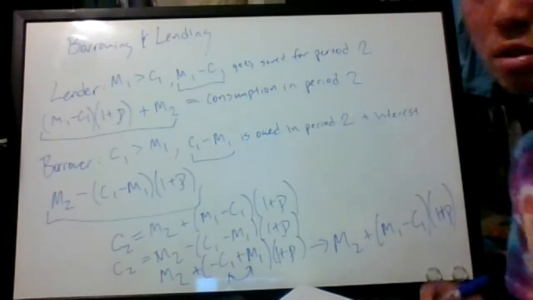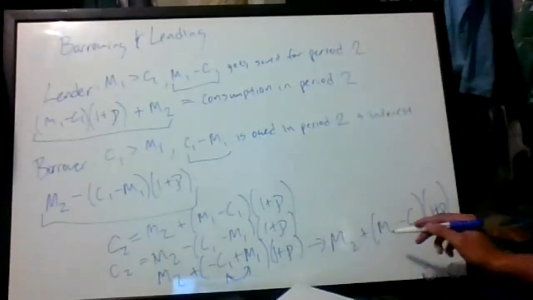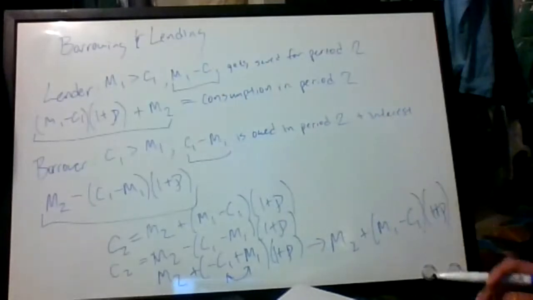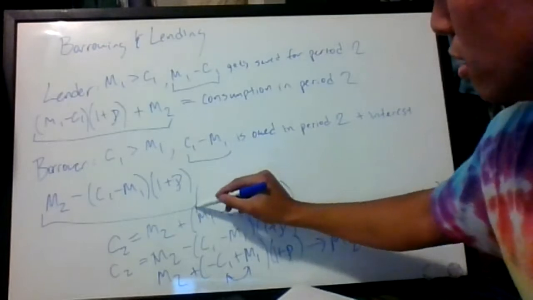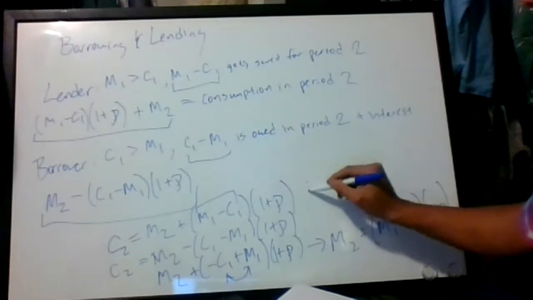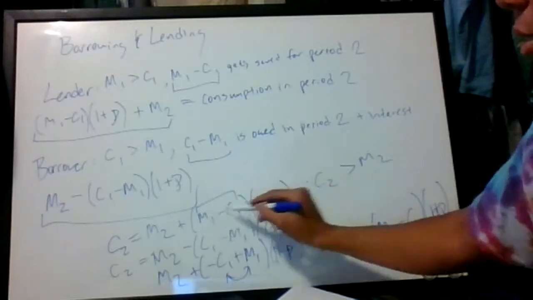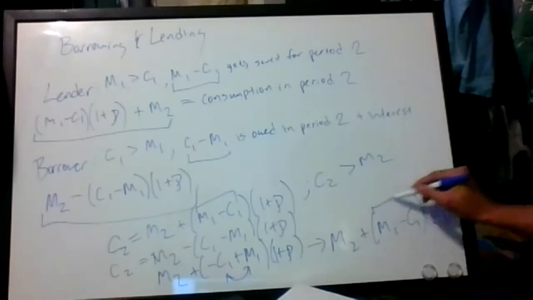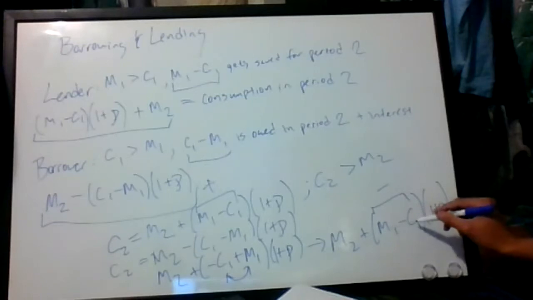And you may be confused about why we can make this assumption that the equation is true no matter if you're a lender or a borrower. The reason is that if you're a lender, this amount is just going to be some positive amount, and so your C2 is going to be greater than M2, because you're adding some positive term to M2. However, when you're a borrower, this term right here is going to be negative because M1 is less than C1.